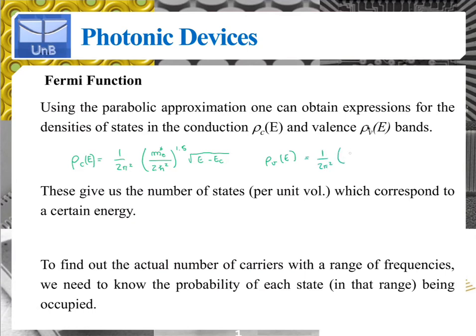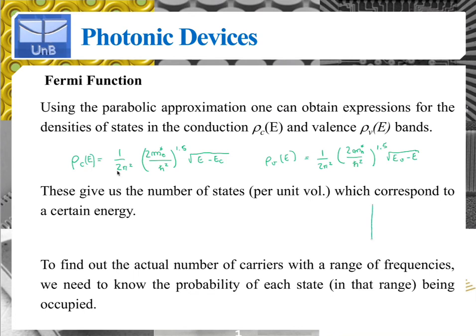In a similar manner, the 2 here goes in the numerator, so times 2 m, the effective mass of holes, divided by h bar squared to the power 3/2, times the square root of EV minus E. And these gave us the number of states per unit volume per unit energy, the density of states.